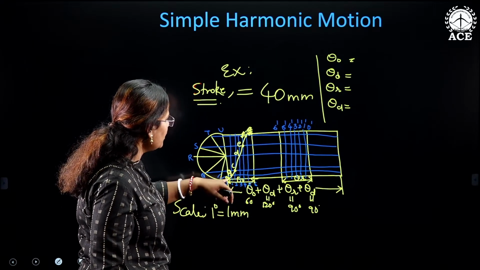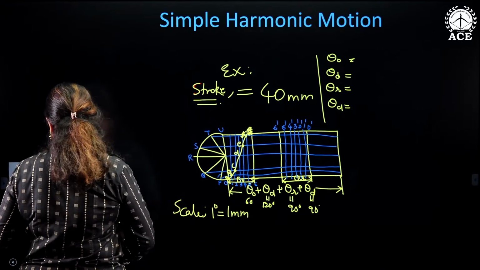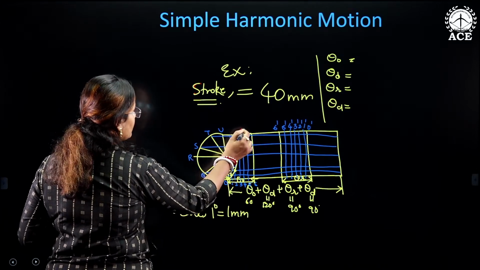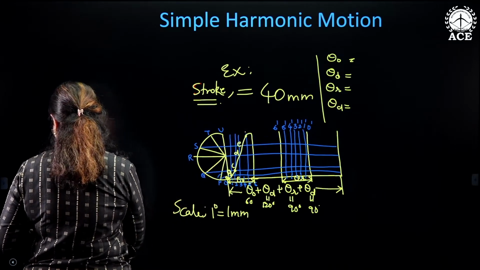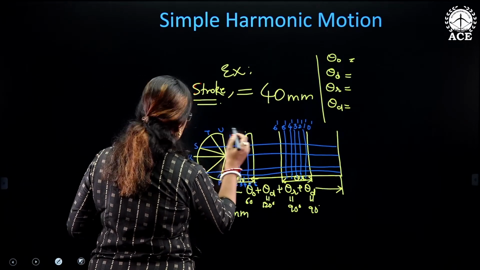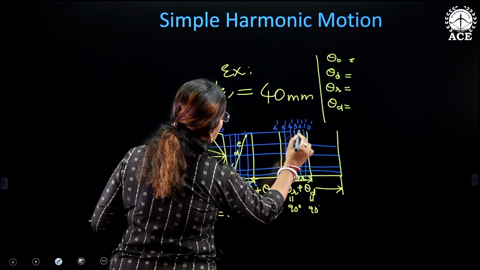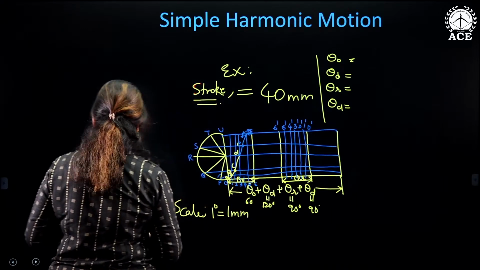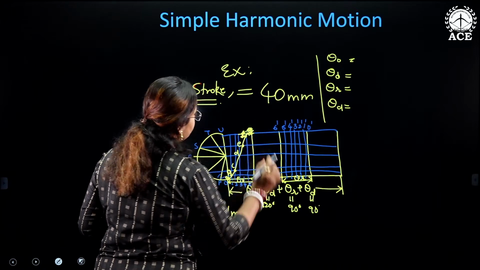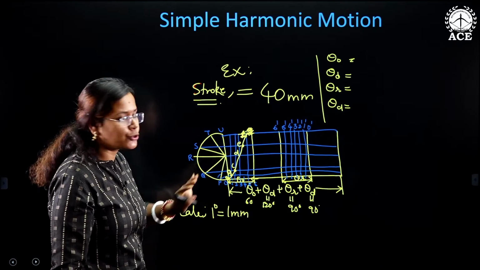If I start from here, A, B, C, D, E, F and G. So here you have this curve over for the outstroke angle.